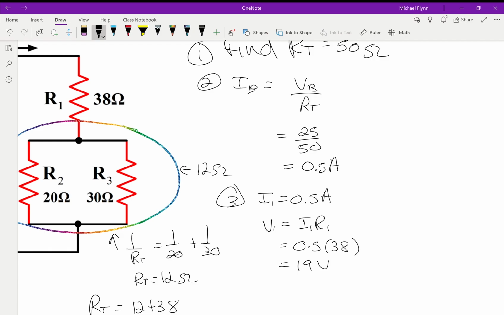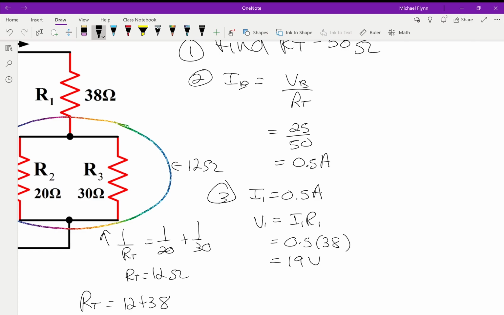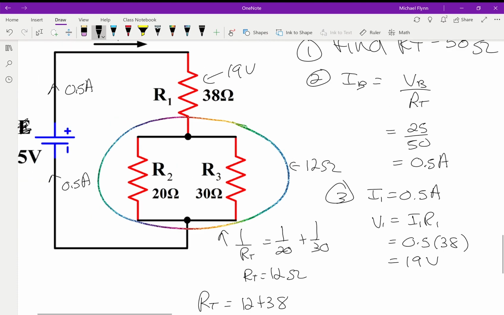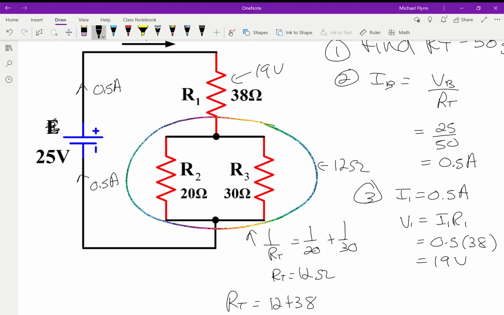Okay? Now, since this one is 19 volts, that means, using Kirchhoff's laws, that I have a total of 25 volts. If I take either one of these other paths, I have to lose the rest of the voltage.